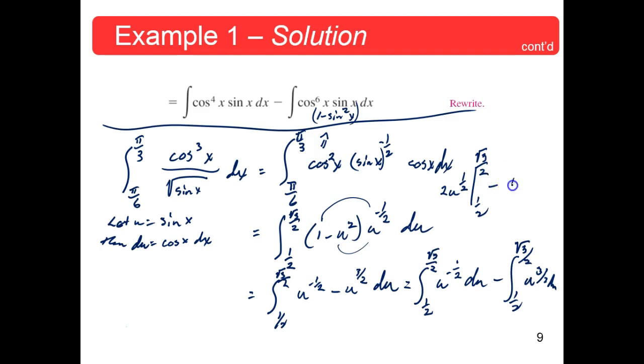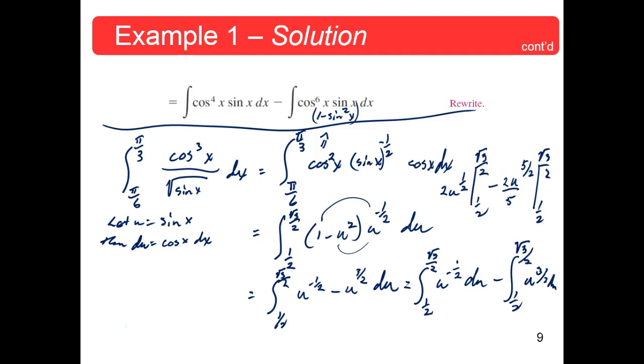So it'd be 5 halves, with what's your coefficient? 2 over 5, right? All right. And that's going to be evaluated from 1/2 to root 3 over 2.